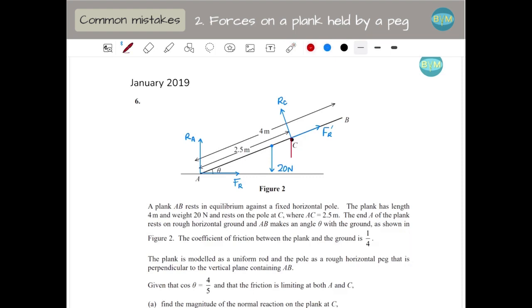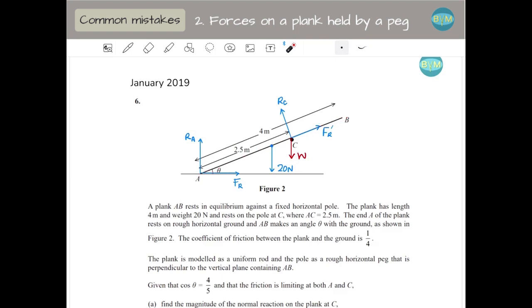You draw something like a weight, even if you don't know what that weight is, because you think there is some kind of weight at this peg. I think it's because you get confused with questions where you have a particle and you are drawing the forces on the particle. This is not a particle, and I'm not drawing the forces on the peg anyway. I'm drawing the forces that are acting on my plank.